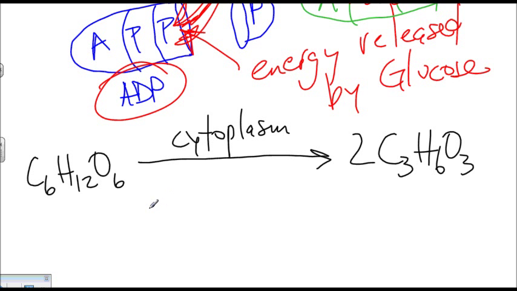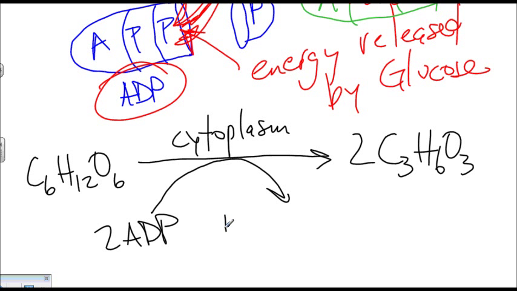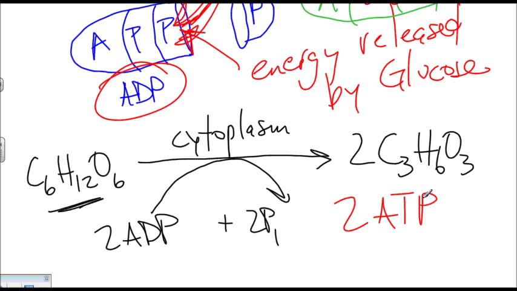And in return, we've got 2 molecules of ADP that package the energy that was released from glucose to form 2 molecules of ATP.